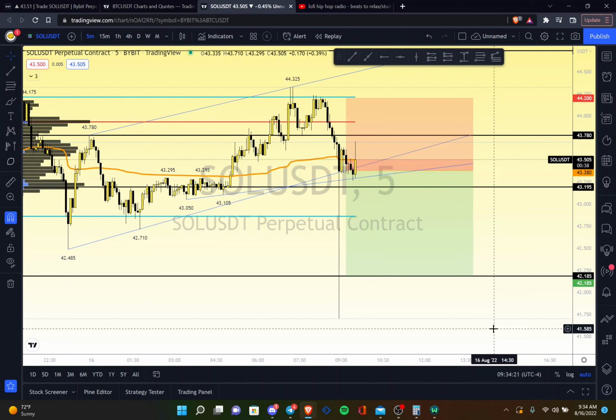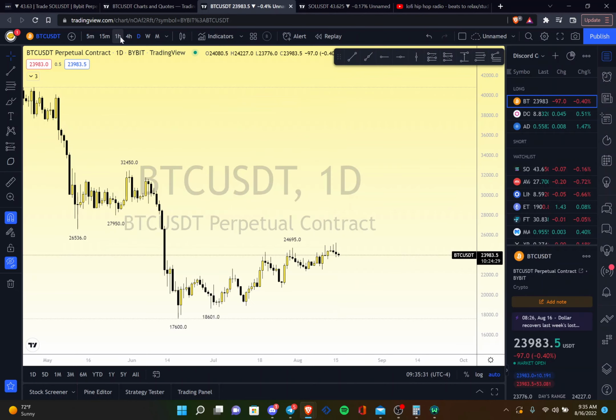I mean, 23.5 is a good zone. It's in a decent zone. If it starts losing 23.5, then I'll start being like, all right, they're probably going to come back to 22-ish. But I don't see it getting that low if it wants to keep this going.